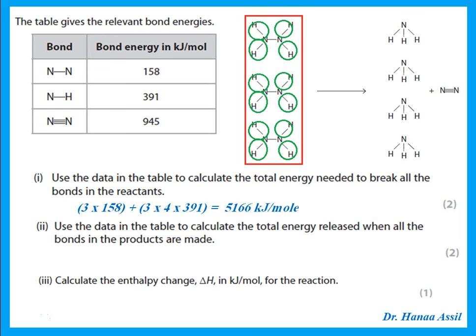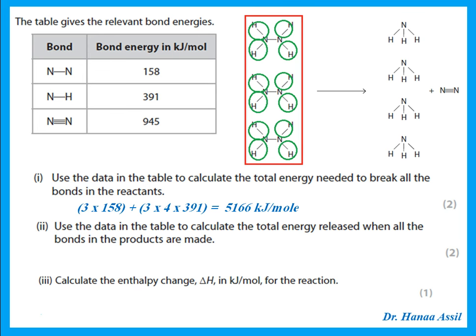So we have 3 NN bonds, so 3 times 158. Plus, we have 3 times 12 NH bonds. Each of them needs 391. So the total amount of energy needed to break all the bonds in the reactants is 5,166 kilojoule per mole.